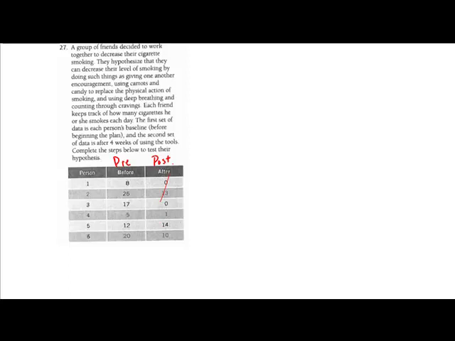Okay. So if we were to go through and do this, we would need to calculate a bunch of stuff. First of all, we'd need to calculate the difference, right? So we'd have to find what is the difference from the pre-test and the post-test.